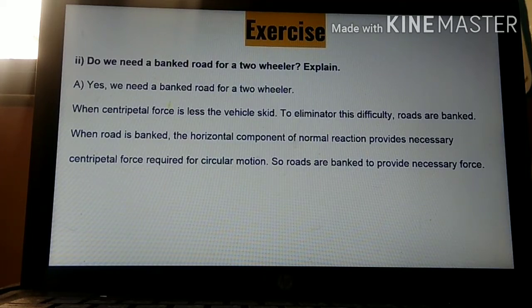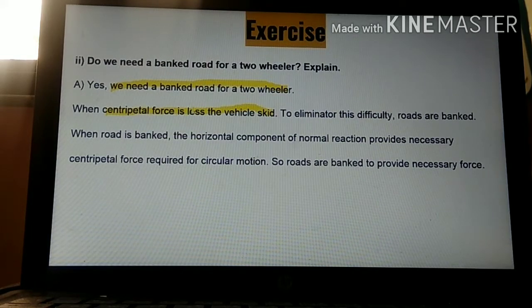Next one, do we need a banked road for two-wheelers? Explain. Yes, we need a banked road for two-wheelers as well, because when centripetal force is less, then the vehicle will skid. Means whenever frictional force is less, then centripetal force will also be less, then the vehicle will skid.